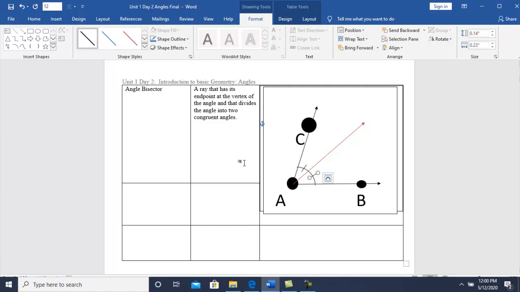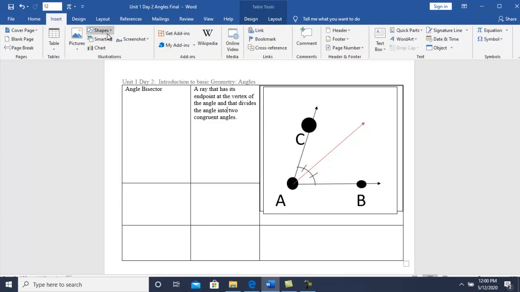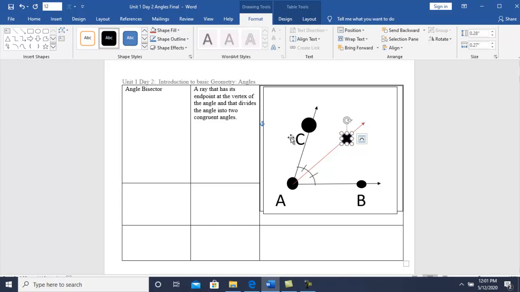So you bisect it, it cuts it in half. You put some marking to show that the two angles are going to be the same. So you have two new angles, so we need another point because we're going to reference this bisector, which is the ray here. And we'll call it D.